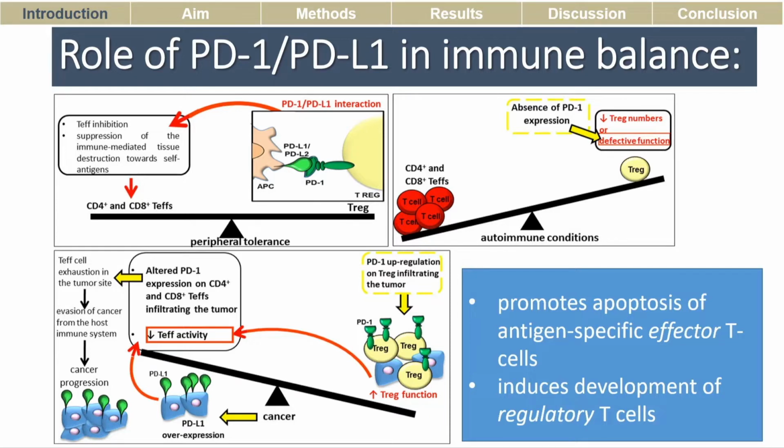In case PD1 is absent, this balance is tilted towards excessive effector T cell activation compared to diminished T regulatory function, leading to autoimmunity. On the other hand, in cancer, there is overexpression of PDL1, leading to reduced T effector cell activity and boosted T regulatory function. This reduces immune surveillance and allows the cancer to evade the immunity and spread.